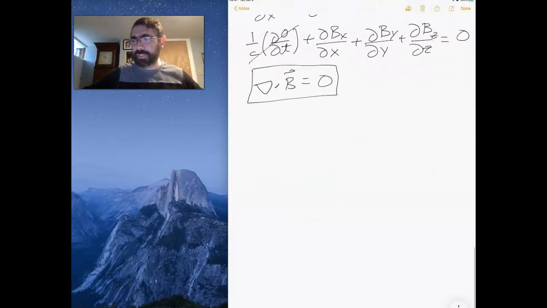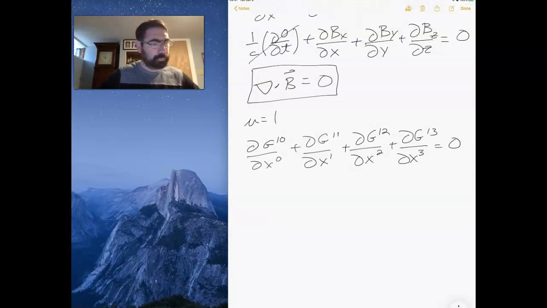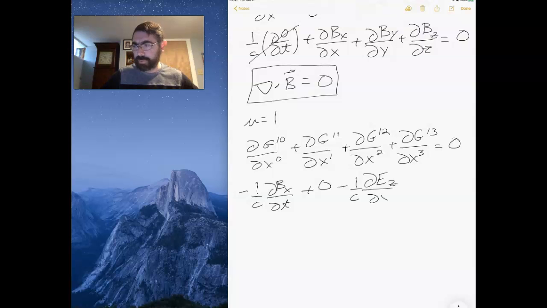And last but not least, if we set mu equal to 1, then what we would get is this equation, which is minus 1 over c, derivative of the x component of the magnetic field with respect to time, plus 0, minus 1 over c, the spatial derivatives of the electric field, equal to 0.